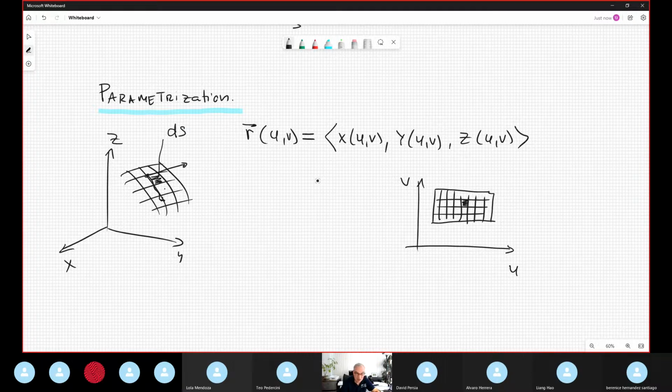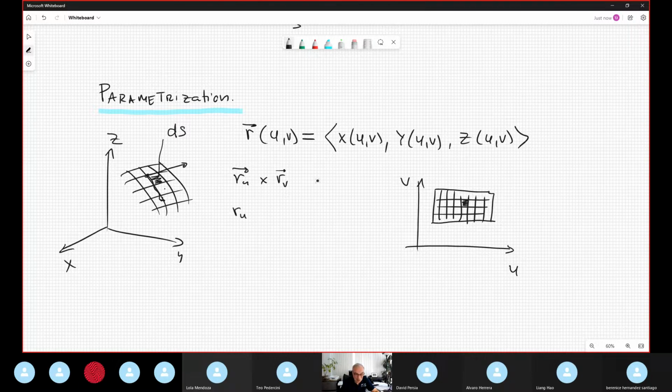So now, similar to the idea that we use in the Jacobian, you differentiate the vector valued function with respect to u, and you differentiate the vector valued function with respect to v, and you do the cross product. But remember, the interpretation of the cross product is area. Actually, it's not like that.